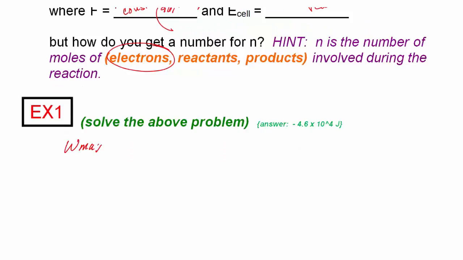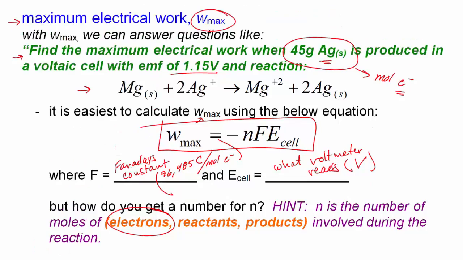Wmax equals minus n F E cell. Well, that equals minus n. F is 96,485 coulombs per mole of electrons. And E cell, they said, was 1.15 volts.